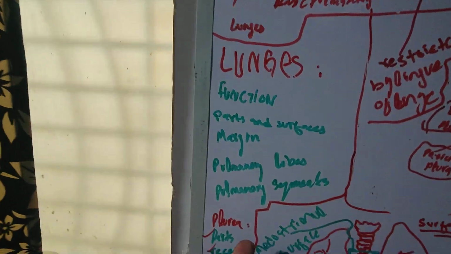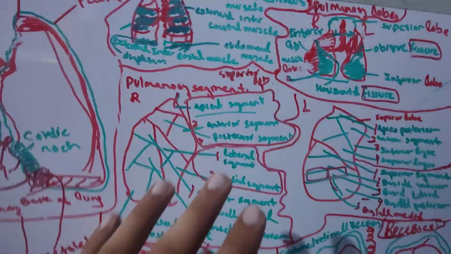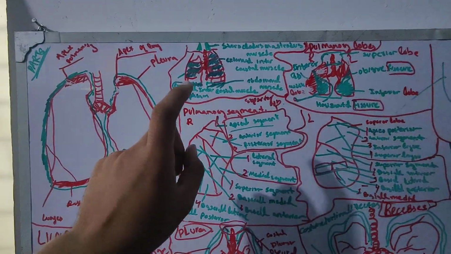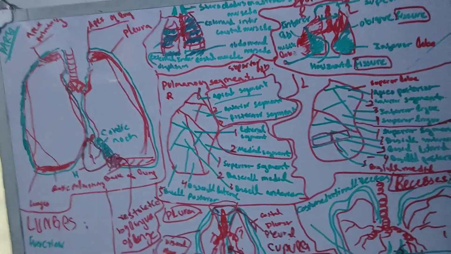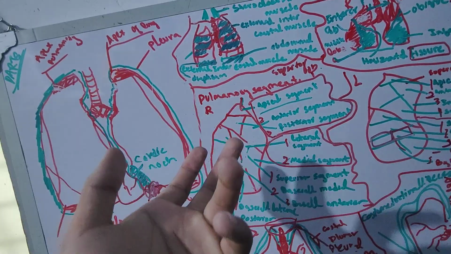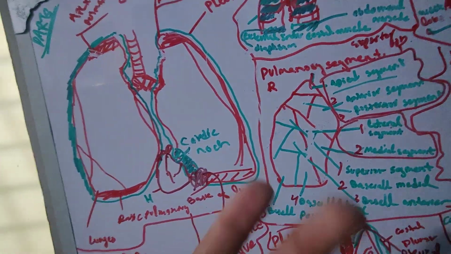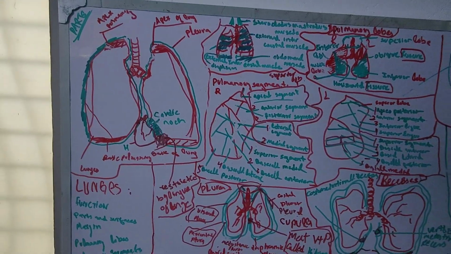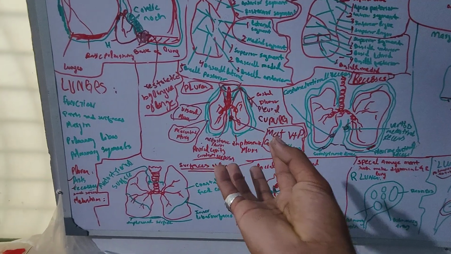We go to the pulmonary segments. These are important. When a patient has a problem in this posterior segment, like the third segment, what do we do? We have to cut it out. We cannot leave that part.